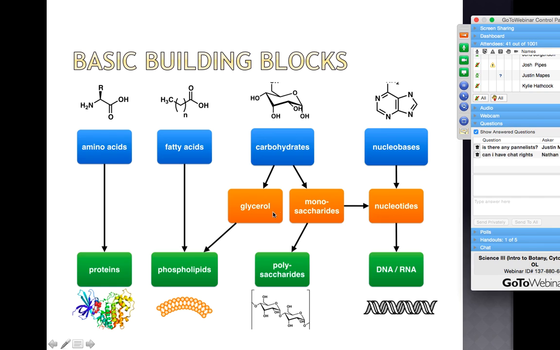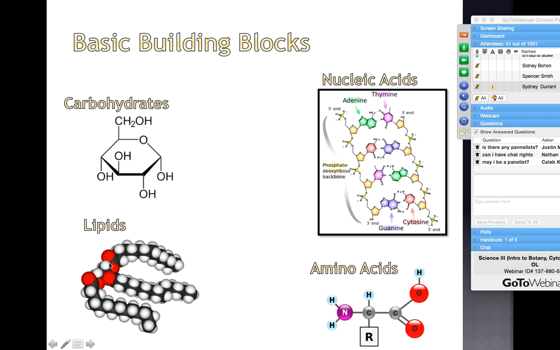And that is the glycerol part. It's a sugar that is joining the molecules of fatty acids. If we look here, this part with the red is the oxygen, and that is the sugar part that joins the lipids together.